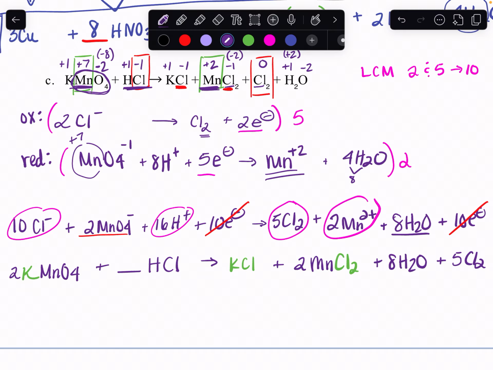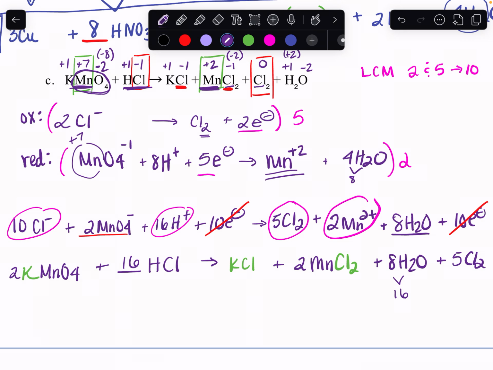And now I just got to look and ask myself, is everything balanced? That's always what I'm looking for, right? I'm going to look at the hydrogen, and I'm just taking a gander here on the product side. I do have 16 hydrogen, so my best guess right now is that 16 is going to go here.